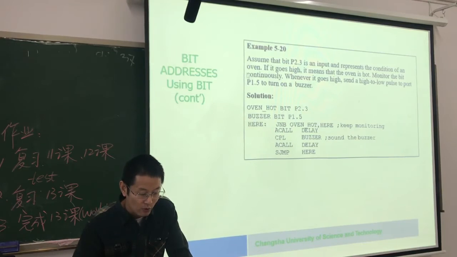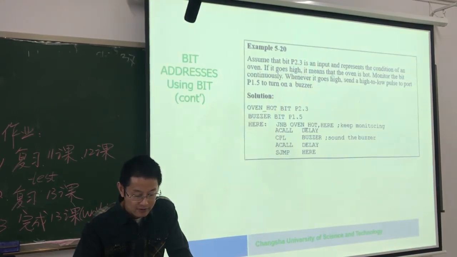Here is the program. Assume that bit P2.3 is an input and represents the condition of an oven. If it goes high, it means the oven is hot. Monitor the bit continuously.